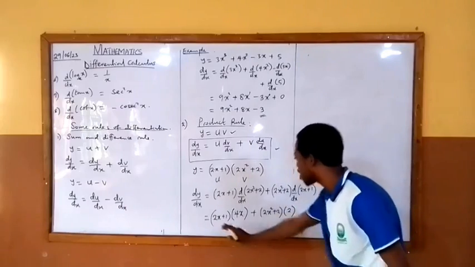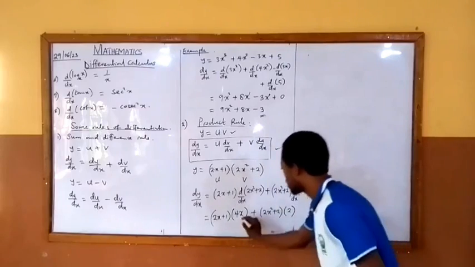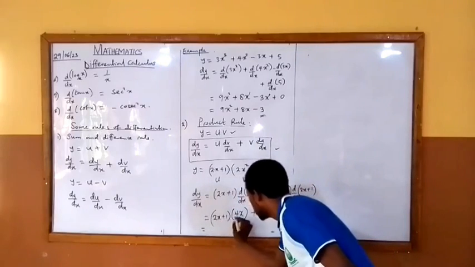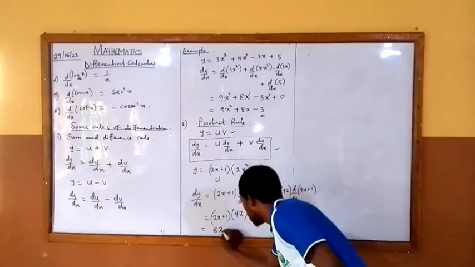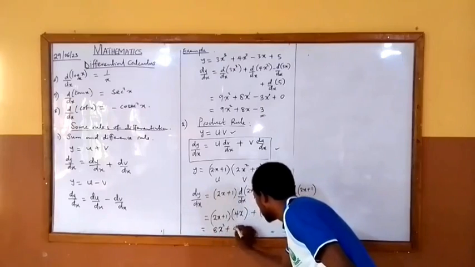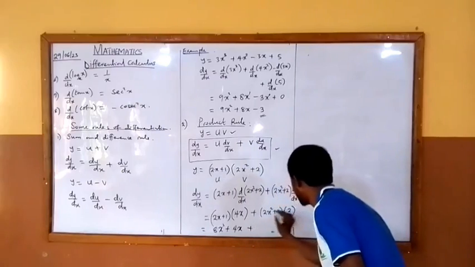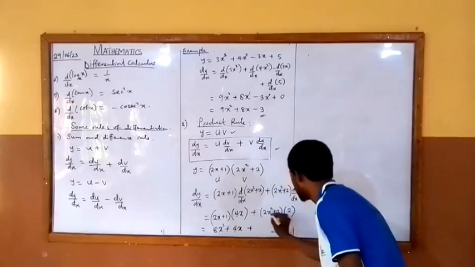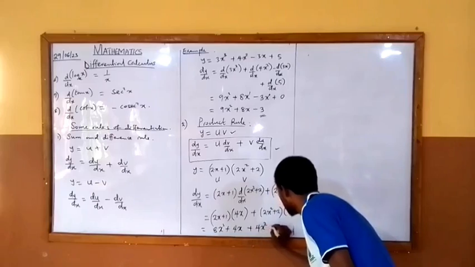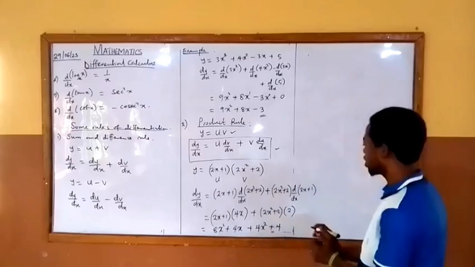So by the time we now expand this, 4x will expand this bracket, and 4x multiplied by 2x gives 8x squared, then plus 4x multiplied by 1, that's 4x. Also, in the same way, you expand these two to multiply. We have 2 times 2x squared, that is 4x squared, then 2 times 2, that's 4. So you can now collect the like terms.